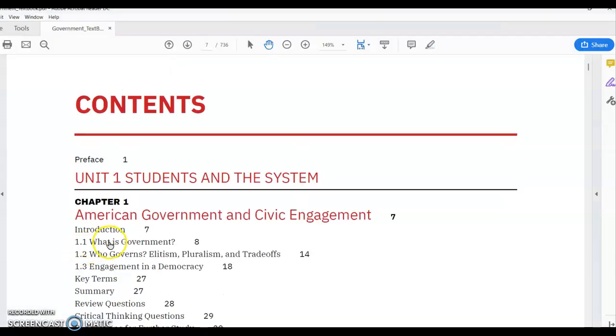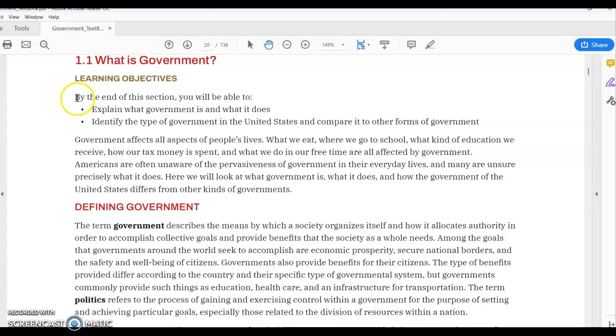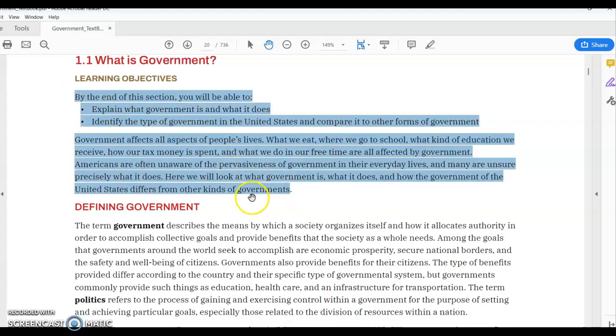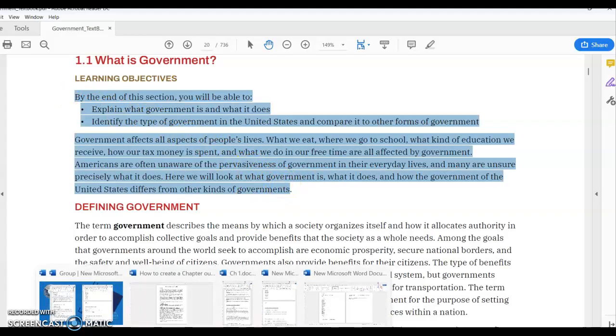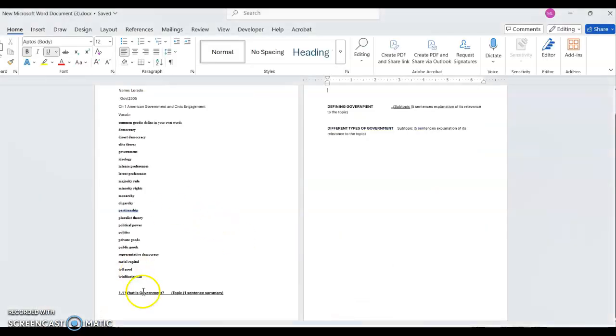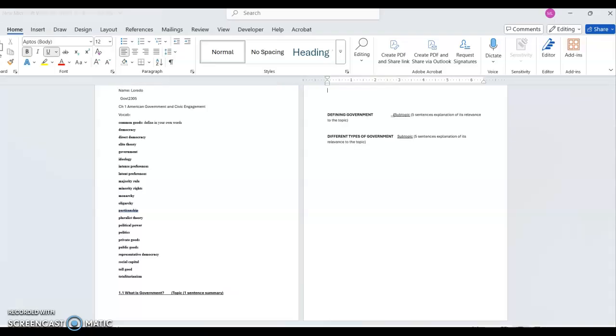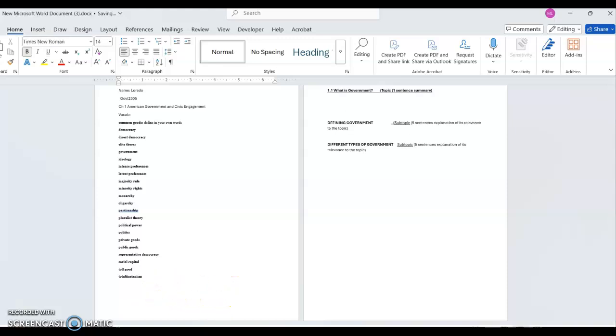So essentially, you're going to summarize this right here in one sentence, and then you're going to transfer the information that you learned from that paragraph on here. So you're going to write what you learned after reading the paragraph.